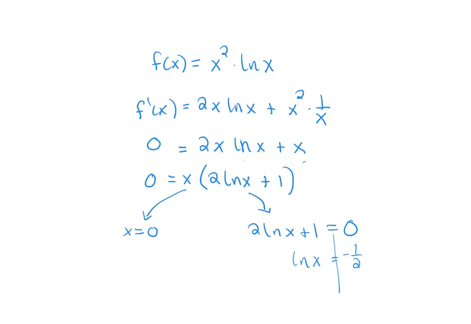And then convert it to its exponential form, so it's base e to the power of -1/2 equals x. So here is one of the solutions, and then this one is actually not in the domain because on the original function, the natural log, you cannot take natural log of 0. That does not exist.